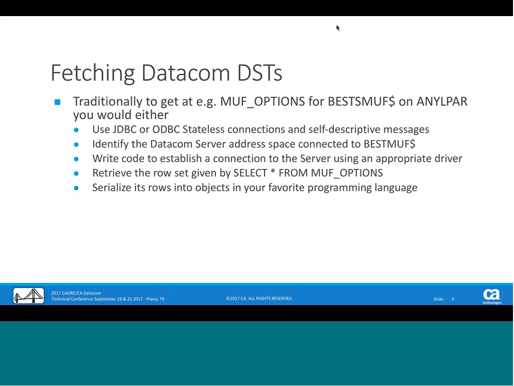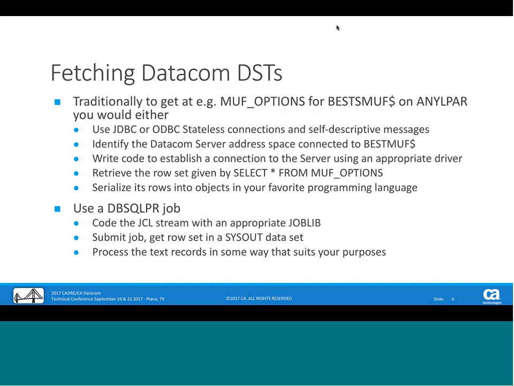Then you'd have to retrieve the row set and serialize it using whatever programming language you want. Or you could use a DBSQLPR job. With that, you would have to code the JCL stream, put the right job live, submit the job, get the row set in the sysout data, and then process that text out for whatever purposes you need it for.